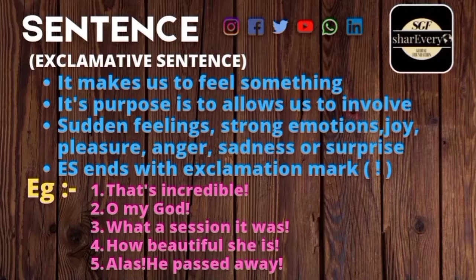If we are overjoyed, if I got first place or distinction in an exam, how do I feel? If I meet a pretty girl or a kid, I may use an exclamation sentence like this: How beautiful she is! Our body language should also be different while we use these four different sentences.